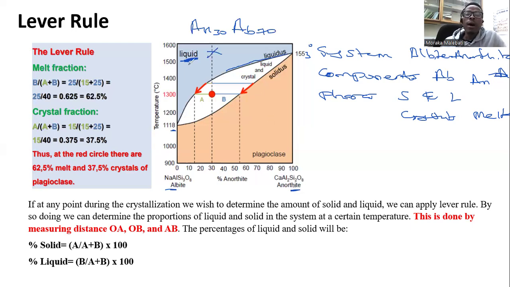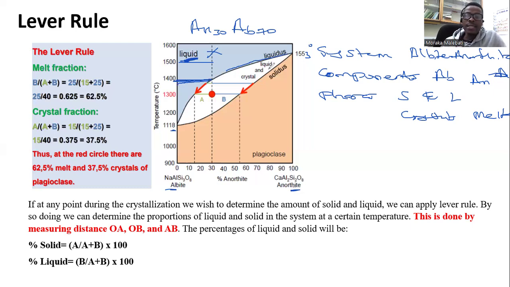Now, let's say the bulk composition was at around 1,500 degrees Celsius. If we lower the temperature to somewhere around here, I think it's 1,400 degrees, that's where we're going to have the first mineral to form.